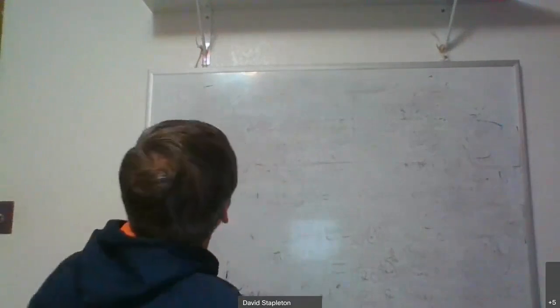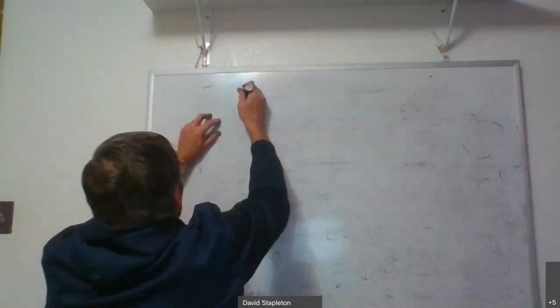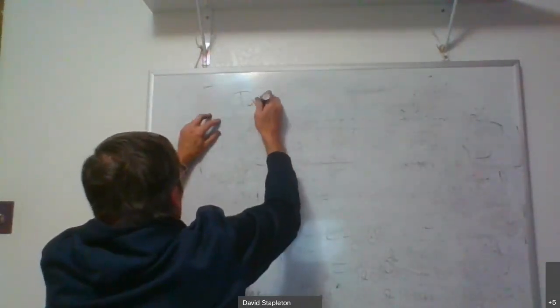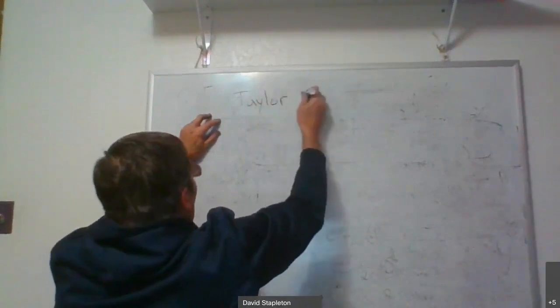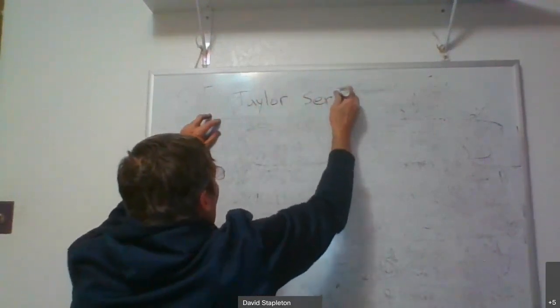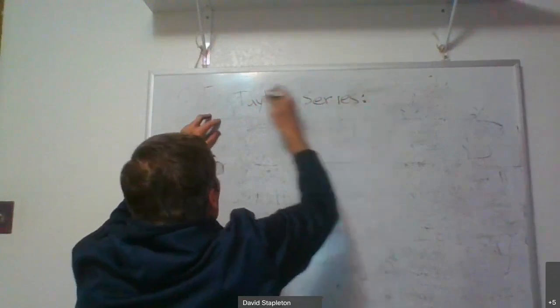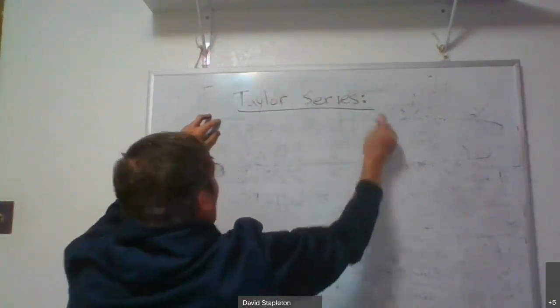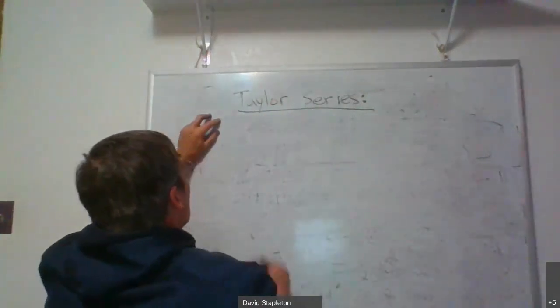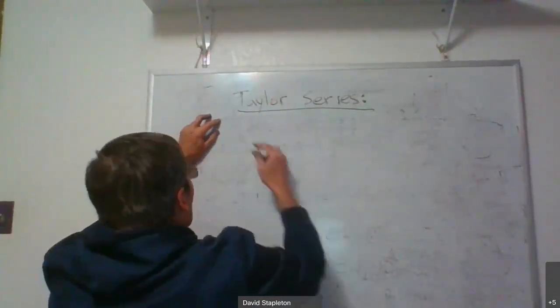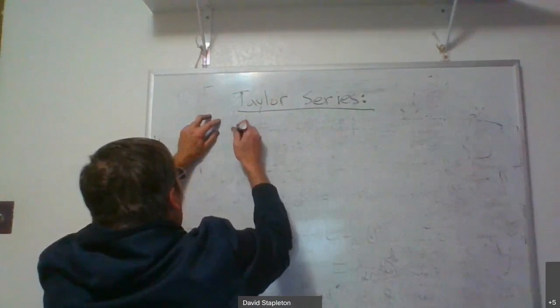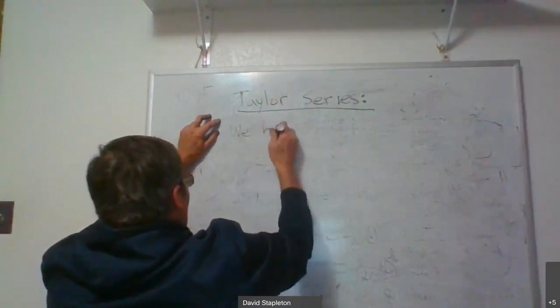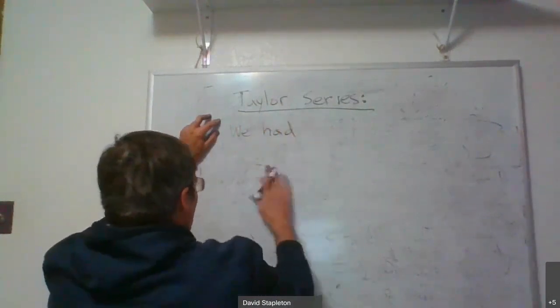Now we're going to very briefly, because we're almost out of time, cover Taylor and Maclaurin series. In the Maclaurin polynomial, we have this, and I'm going to introduce what we call sigma notation.